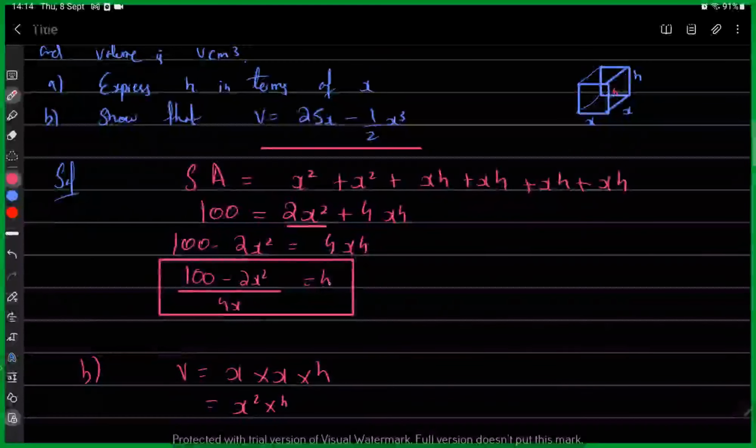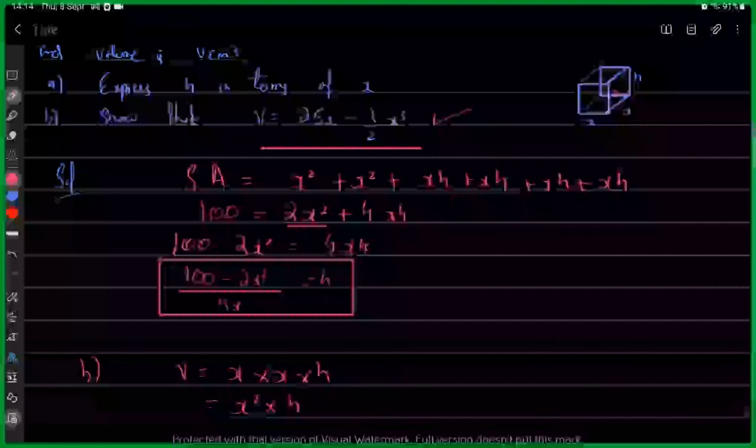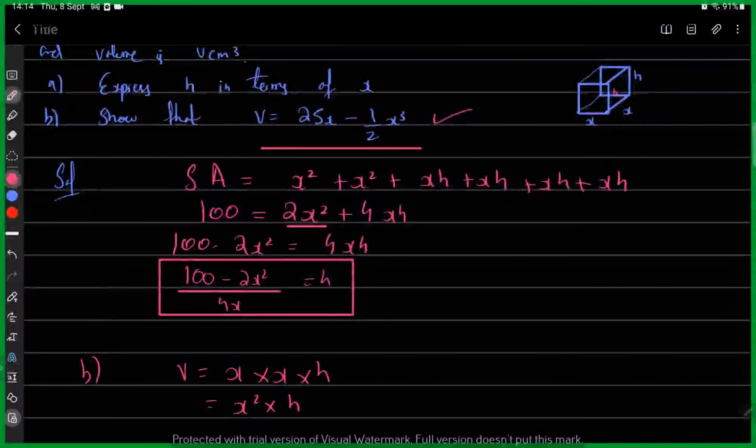And when you plug in this value of h, you would be able to show this. Please take a minute and just prove that V is equal to 25x minus 1 by 2x cubed. Do that quickly. The third part is relevant to our discussion.